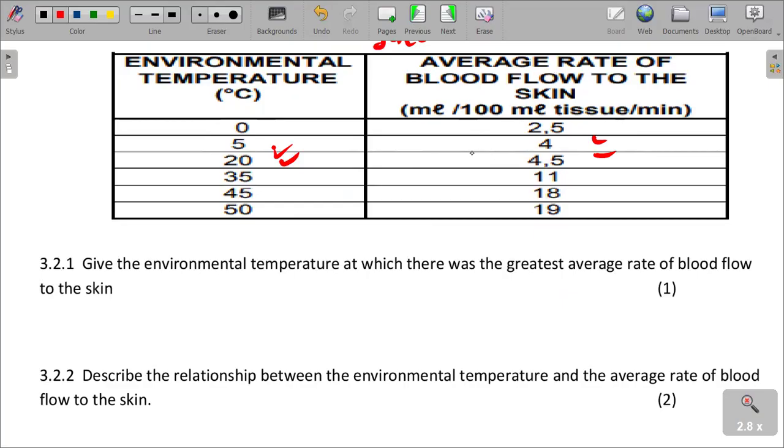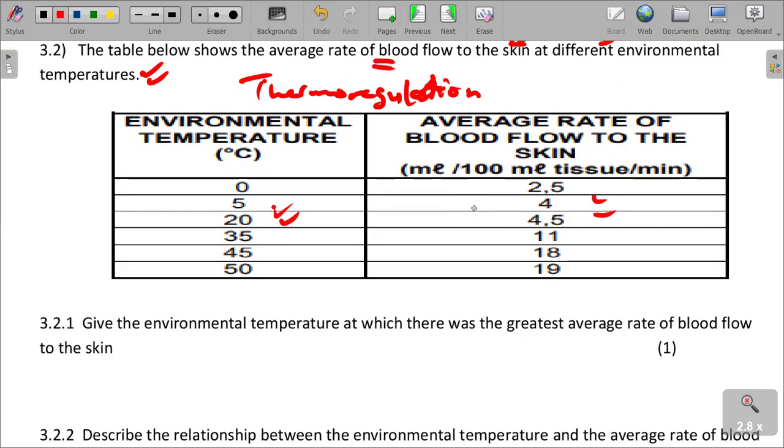So the first question is saying, give the environmental temperature at which there was the greatest average rate of blood flow to the skin. You can actually see from the graph. The average environmental temperature is the one that is given on the far left, and then the average rate of blood flow is given on the far right here. So the question wants where there is the greatest average blood flow, and you have to look at the figures that are given here.